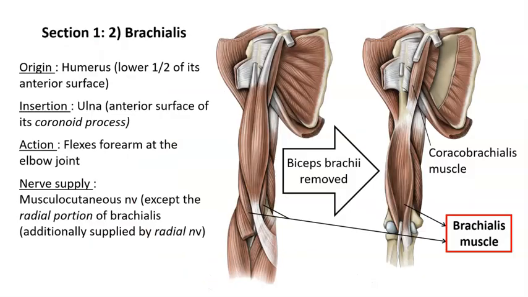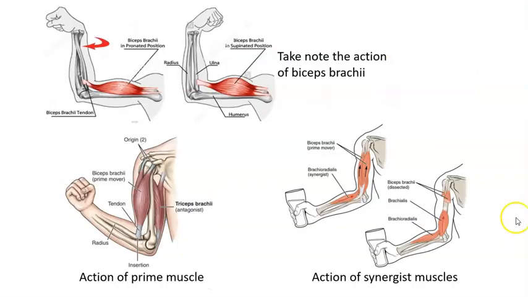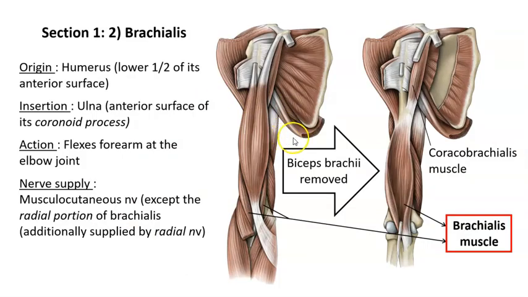Next is brachialis muscle. You tahu tadi kan sini. Brachialis muscle. So from the picture pun you know. Ni biceps. Biceps insert kat sini. Ni brachialis muscle. Here the biceps brachii covers the anterior of brachialis muscle.